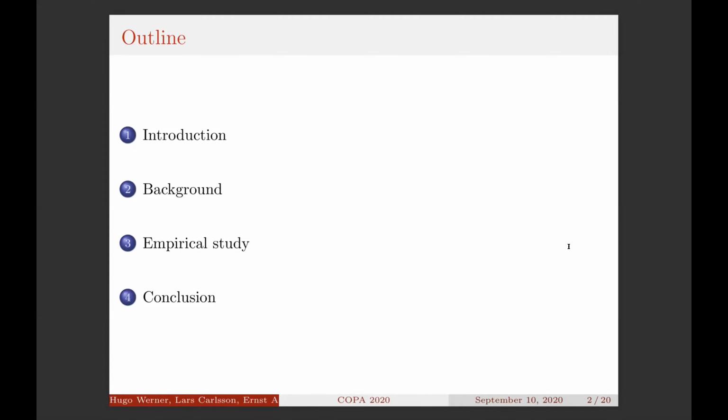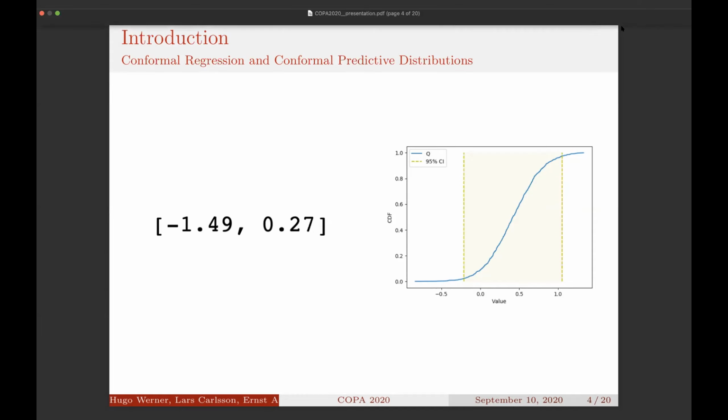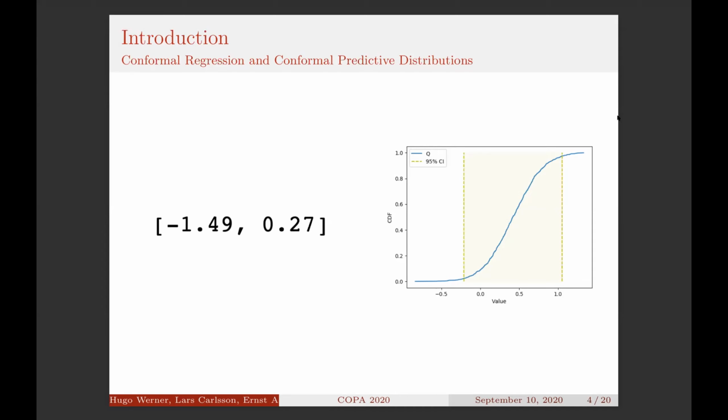To begin, yesterday we heard some nice tutorials on conformal regression and conformal predictive distributions, which tackle the same kind of problem. In the conformal regression case, we get this output, which is an interval. In the conformal predictive distribution case, we get this distribution Q, which is a cumulative distribution function.